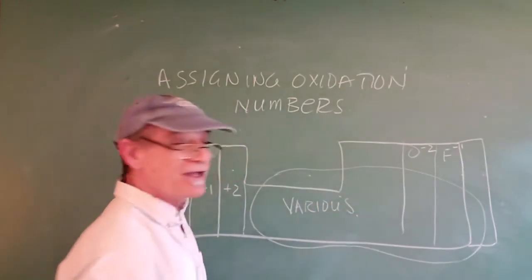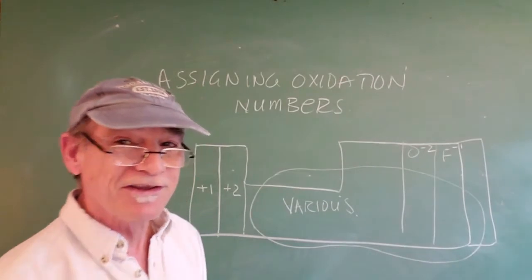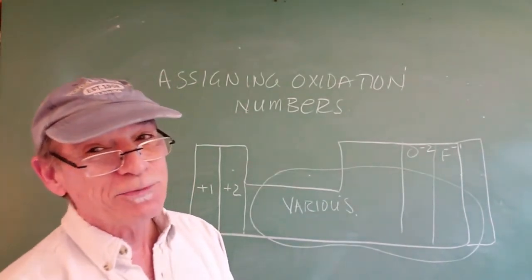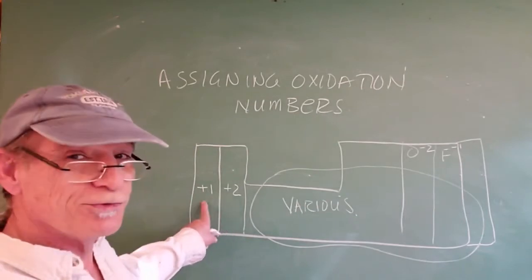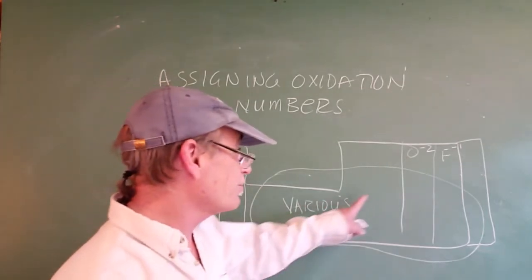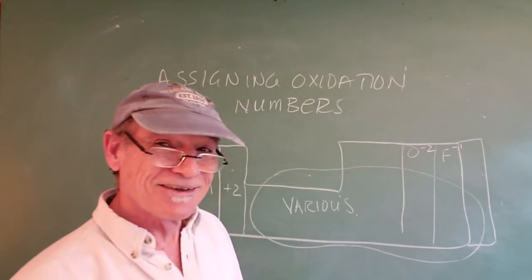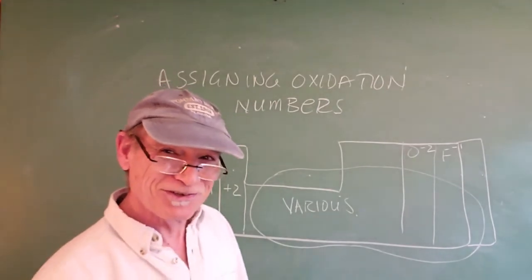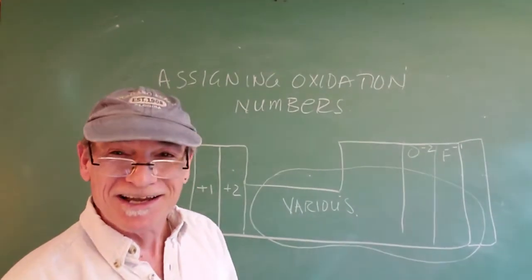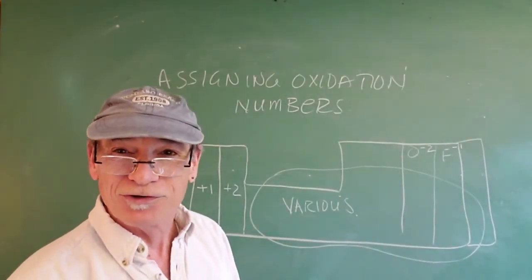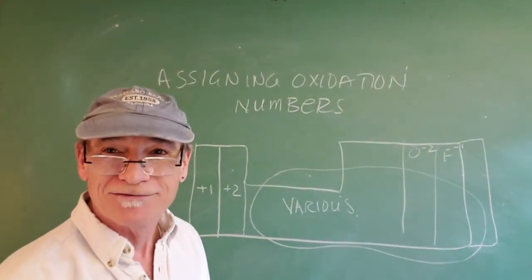It just kind of depends on who they're with in the compound. Now you can pretty much guarantee that they're probably going to be with one of these group 1 or group 2 cations, and probably also an oxygen, because oxygen's pretty ubiquitous. It shows up everywhere. All right, well, let's look at assigning oxidation numbers to elements within a compound.